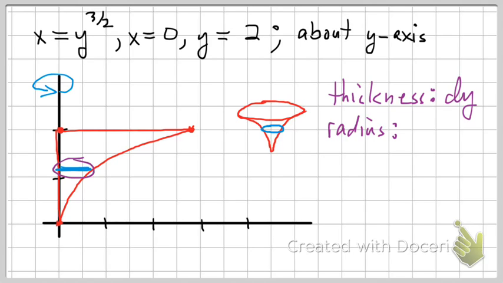Well, doesn't this little blue line we drew represent a radius of that disk? So how would I get that length? y to the 3/2 minus 0, which would be right minus left. You guys agree? Again, it's got to be in terms of y, because you chose the thickness of dy. Is that all right? And this is x equals y to the 3/2, and this is x equals 0.